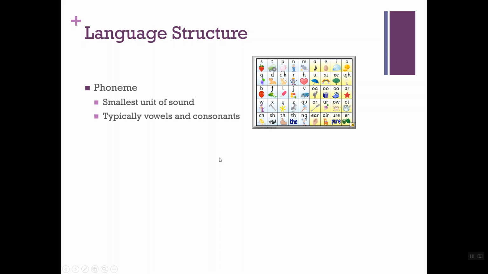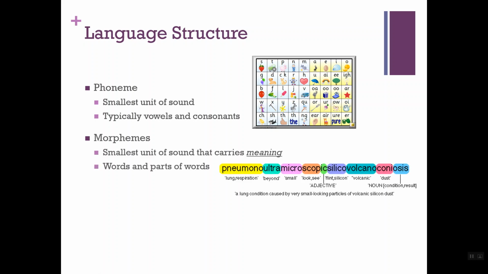A ch, a sh, all of these are phonemes, okay? Compare that to morphemes. Morphemes are the smallest unit of sound that have some kind of meaning attached to it. Okay, so these are things like prefixes and suffixes, right? So this can be whole words and it can be parts of words. It's just the smallest unit of that word or part of a word that carries meaning.